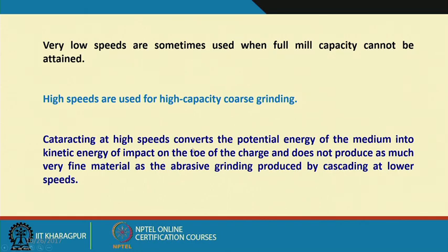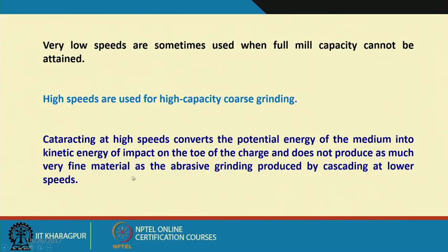Cataracting at high speeds converts the potential energy of the medium into kinetic energy of impact on the toe, because cataracting means when it is falling back. So, the potential energy of the medium gets converted into kinetic energy in the form of impact on the toe of the charge and does not produce as much very fine material as the abrasive grinding produced by cascading at lower speeds.